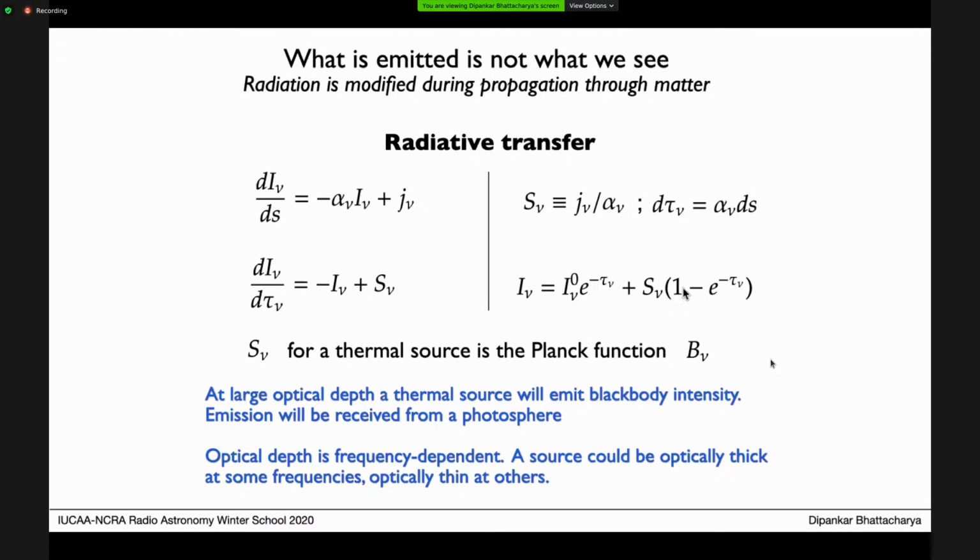So this factor is a complement of the factor here, which is the total absorption factor.